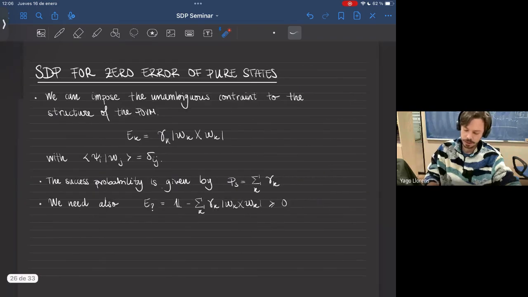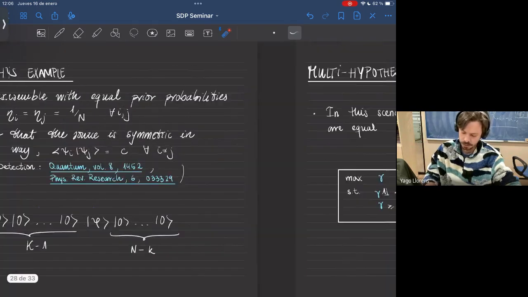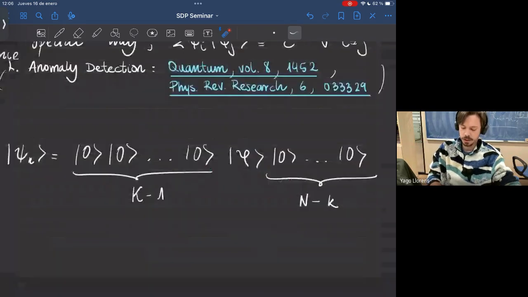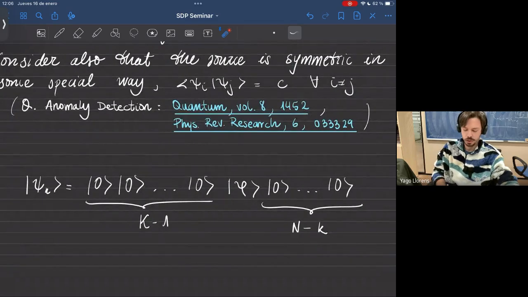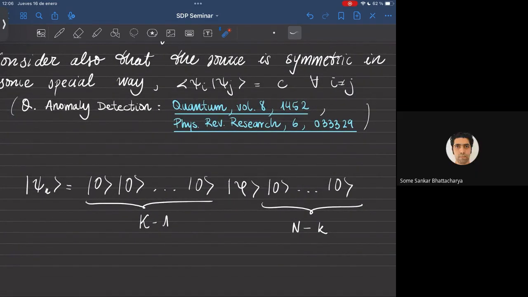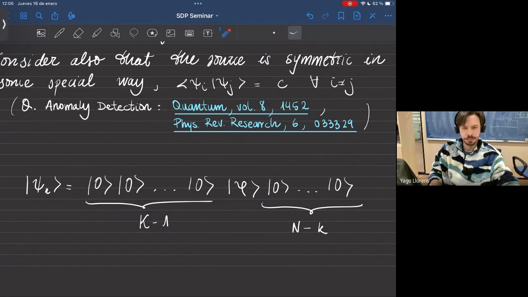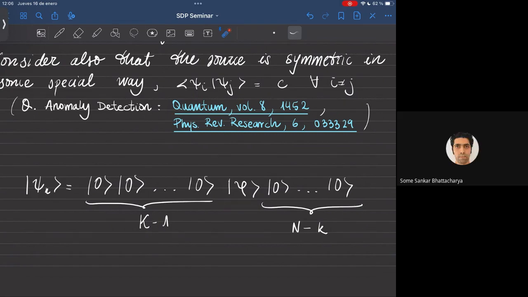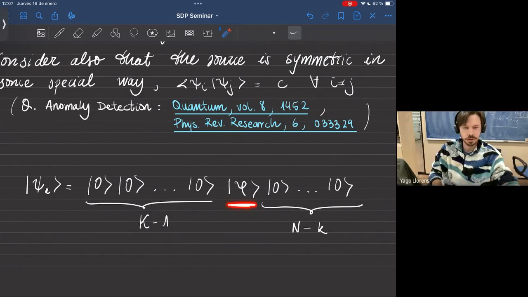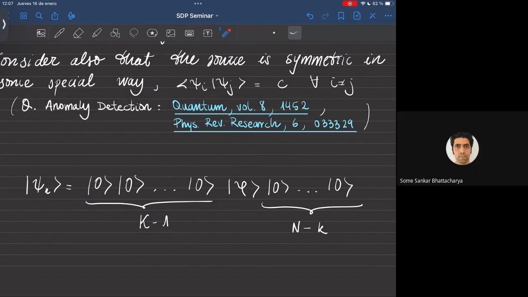Well, I have an example, I can go to it a little earlier than I wanted. If you consider this example in which you have several qubits, 2 to the n, and you have one of them different, and this can be in any position of the string, and all the rest are zeros, and they are qubits.